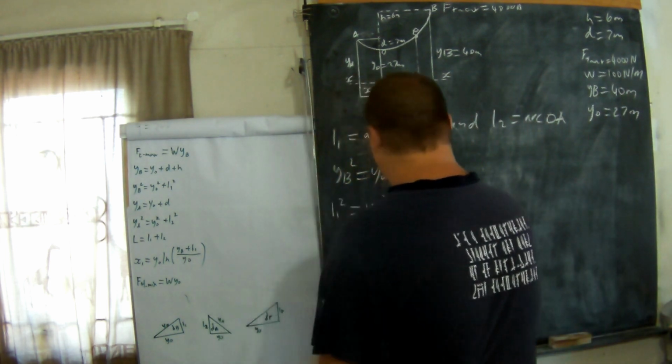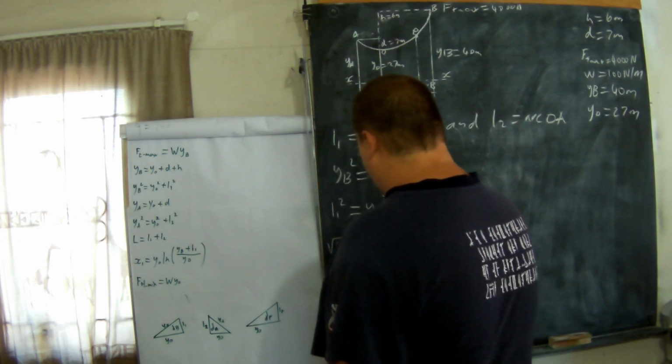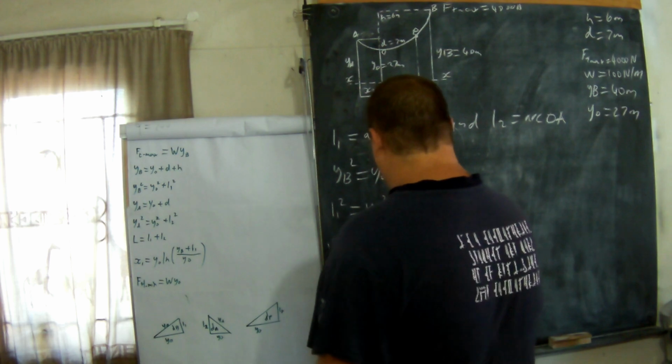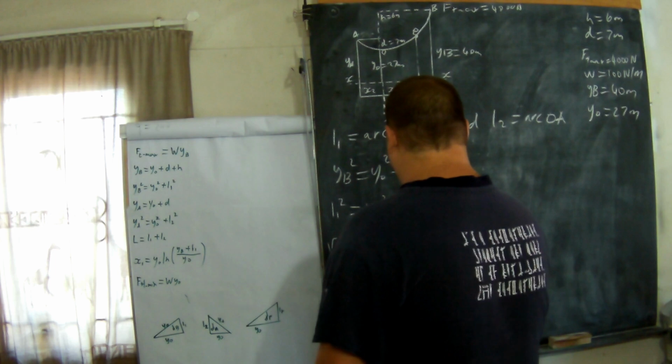The next step is to take the root: the root of L1 squared equals the root of YB squared minus YO squared.